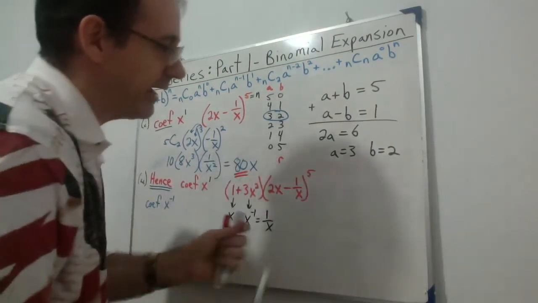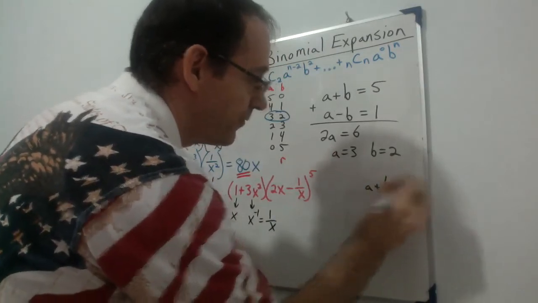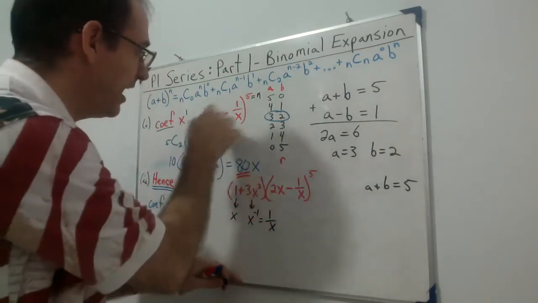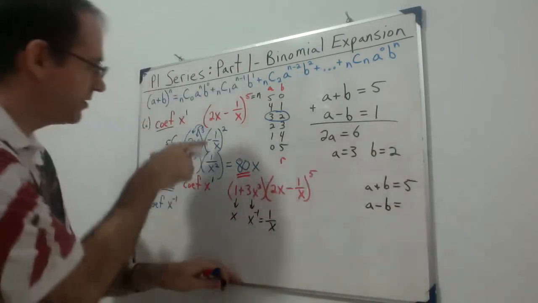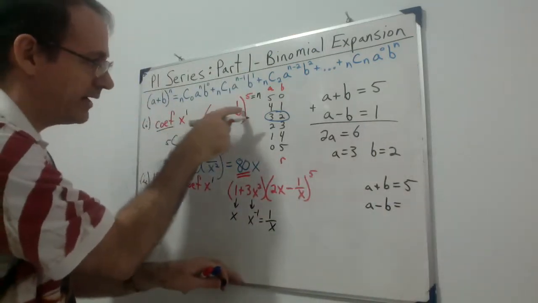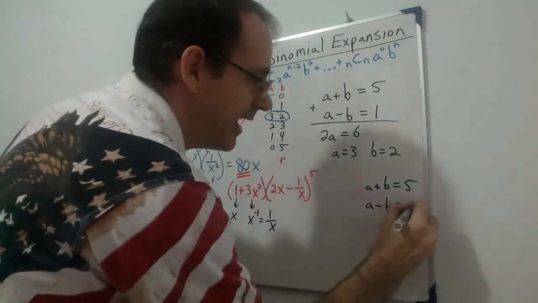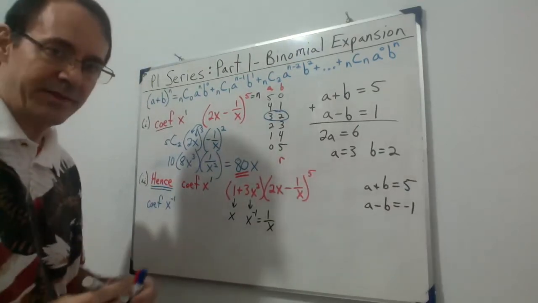So if we're doing it algebraically, we still need a plus b to equal 5. And we have an a minus b, again, because of our x to the 1 and x to the negative 1. But this time we want it to equal a negative 1. So if you're doing it algebraically, you would do it that way.